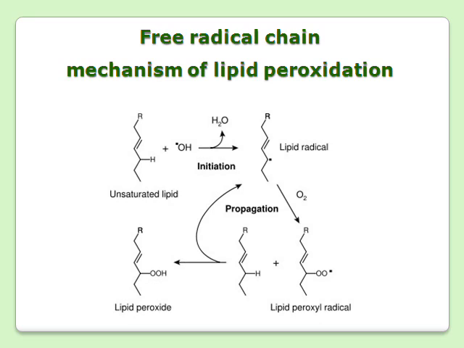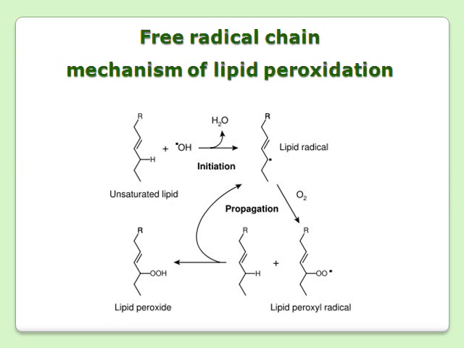And the product of that reaction, OOH, is a lipid peroxide. The lipid peroxide is also a fairly reactive species, although it's not a free radical. I want to point out these two species, the peroxyl radical and the peroxide, are the most important compounds involved in the oxidative damage of biodiesel and many other kinds of hydrocarbon polymers.